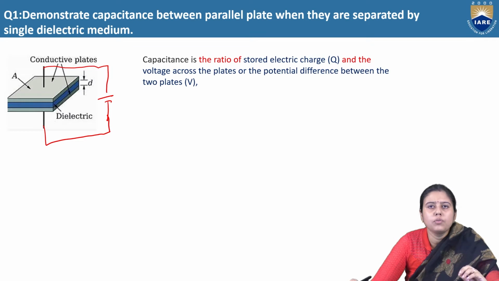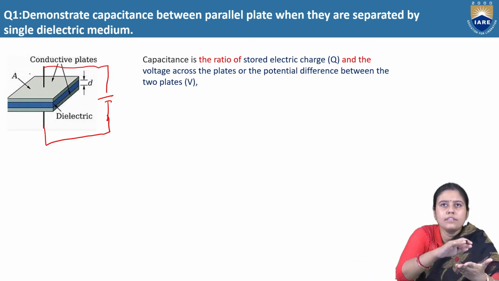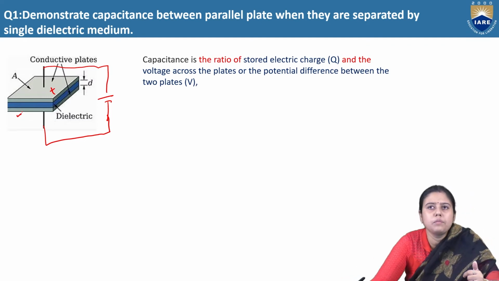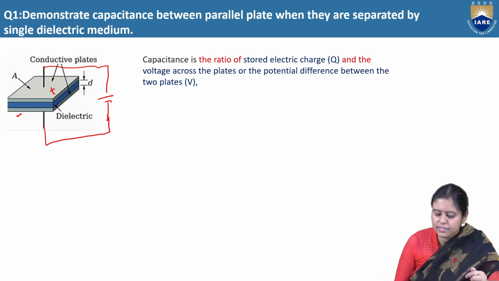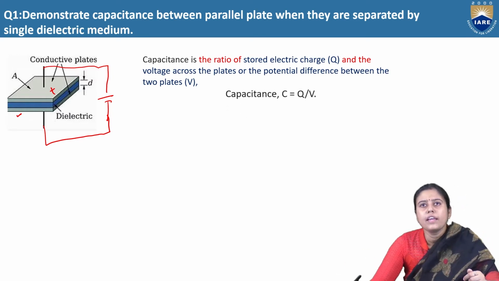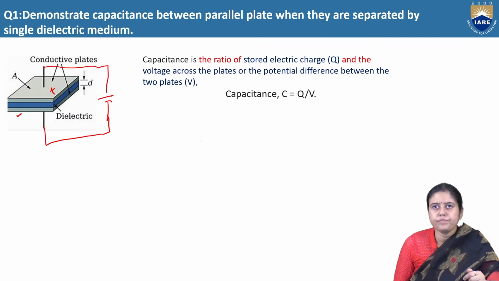Some charge will accumulate. On one surface it will be positive charge, on the other surface it will be negative charge. And therefore, there should be a potential difference. And what is capacitance? Capacitance C equals Q by V.